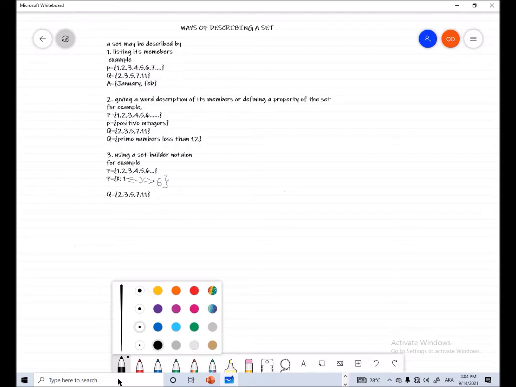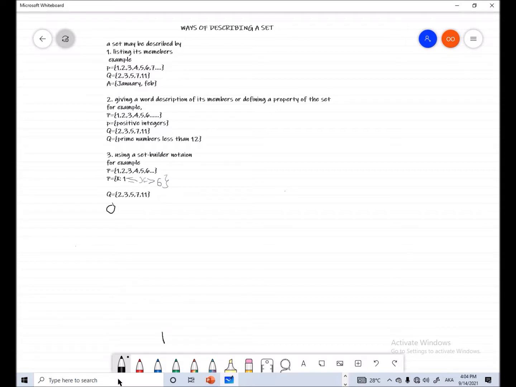It says that Q equals, set X to be the members. Okay, so X is said that 1, there's no 1 here, so 1 should be less, right?